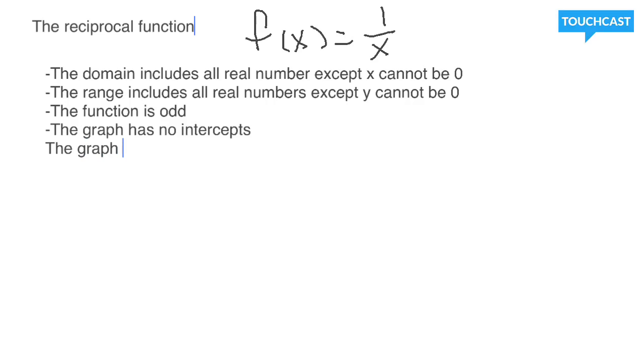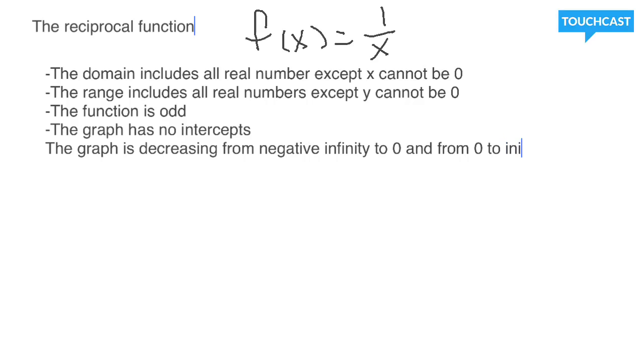The graph here is decreasing from negative infinity to 0 and from 0 to infinity. And the graph is symmetric with respect to the origin.